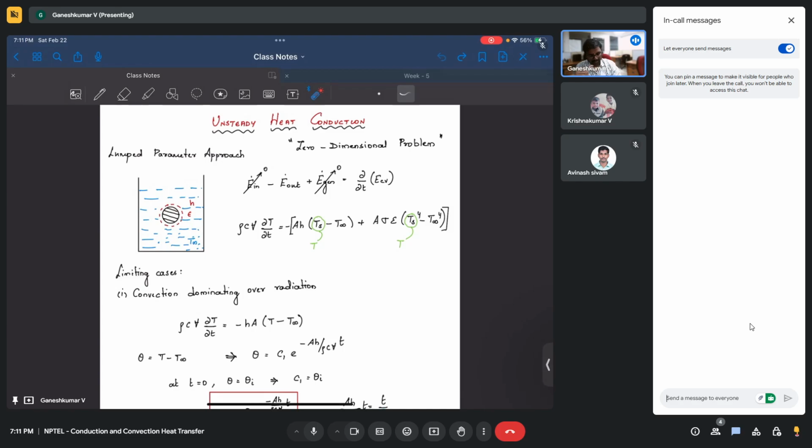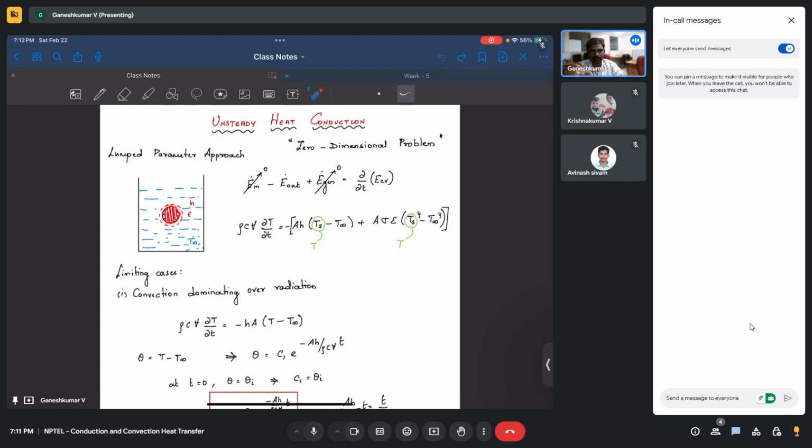So basically this is just a sphere, and if you apply an energy balance, the energy content of this sphere is going to continuously change from t equal to 0 to t equal to, let's say, some steady state. If this is the heated sphere, then suddenly if you are exposing it to a cool ambient, then it starts cooling down. The hot sphere starts cooling down.